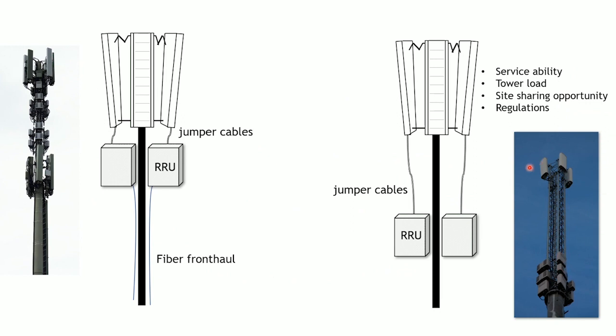And in a site like this, of course, we do not have a zero jumper loss. Even in a site like this, we could say zero jumper loss to this RU that sits just behind the antenna. But when we move down to those RUs, it is not a zero jumper loss up to the antennas.